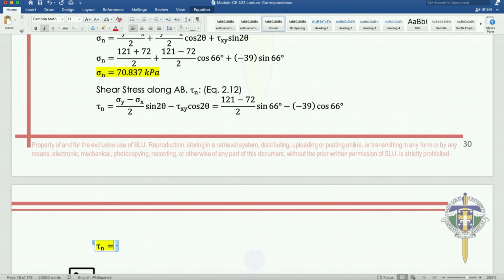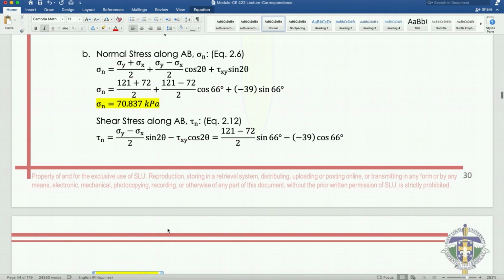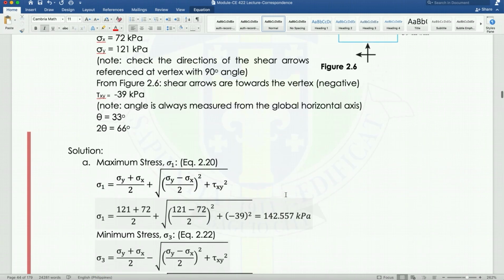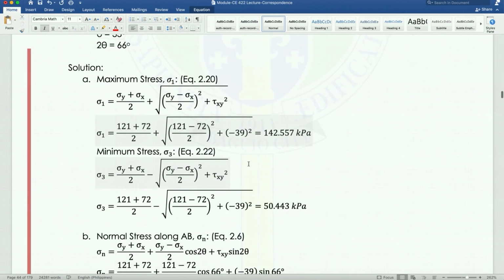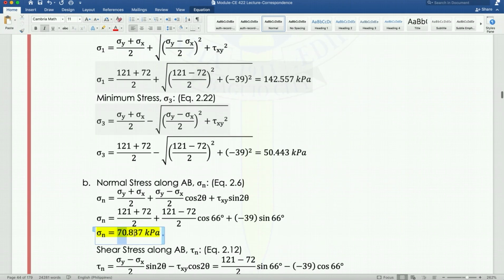And that is equivalent to 38.245 kilopascals. Therefore, the shear stress along this plane is 38 kilopascals, and the normal stress natin is 70.837 kilopascals. Okay?